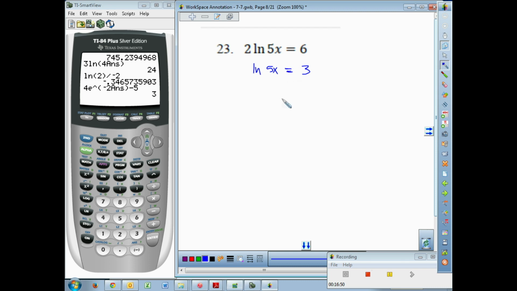Groovy? Now that it's log equals number, do what? Rewrite it exponentially. Go for it. Should get that. Then solve for x.